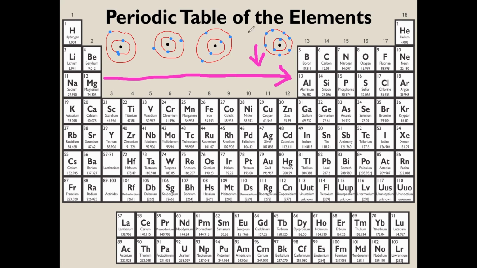Again, the atomic radius increases over the same group moving from top to down, because the number of shells increases, so the radius increases too. While over the period, moving from right to left, the radius decreases. Why?